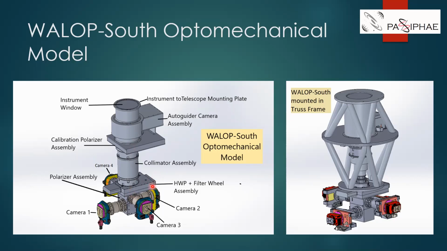So based on FEA simulations, we then arrived at an external truss structure, as shown in the figure on the right, which is the basic outer frame inside which this core optomechanical system is packed. So the overall instrument optomechanical design looks like the one on the right. The main instrument is basically mounted inside a truss frame to control the flexure.